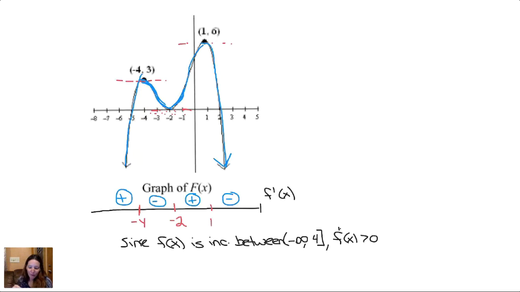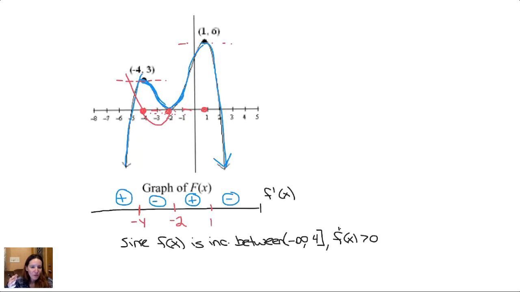Because I know that my first derivative is going to have a 0 at -4, a 0 at 2, and a 0 at 1. And that before -4, I'm positive. Between -4 and -2, I'm negative. And again, I don't know how low that goes, right? And I also don't know exactly what the steepness of that is.